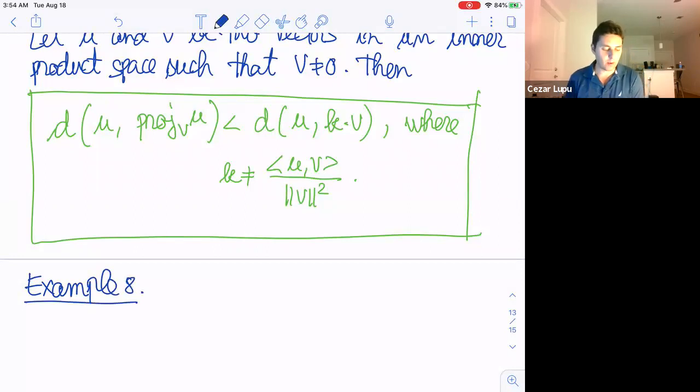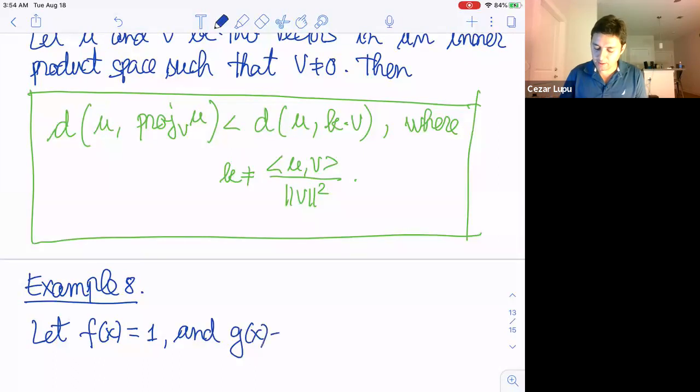And this example will concern finding the orthogonal projection in the space of real valued continuous functions defined on the interval [a, b]. Let's consider f of x to be the constant function 1, and g of x to be the identity, g of x equals x.